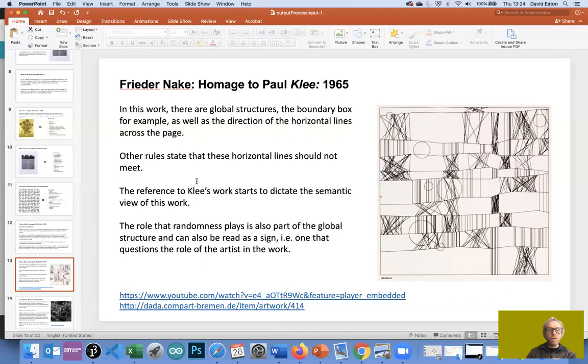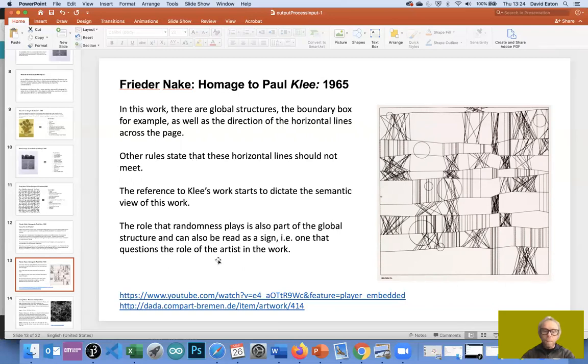And then, of course, we've got this reference back to Paul Klee's work, which gives us a greater semantic and contextual view of the work. And then finally, the role that randomness plays is also part of the global structure and can also be read as a sign, i.e. one that questions the role of the artist.